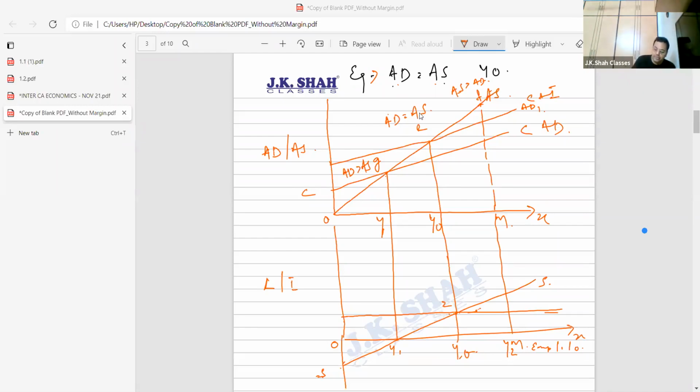If you want some other explanation, listen, students. Here I write I. This is your investment curve. This is your savings. So savings is ZY0, and investment is I0, and they both are equal.